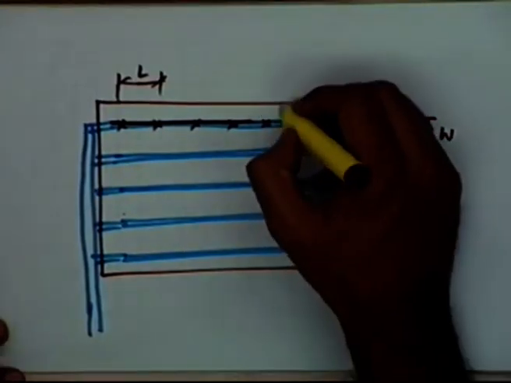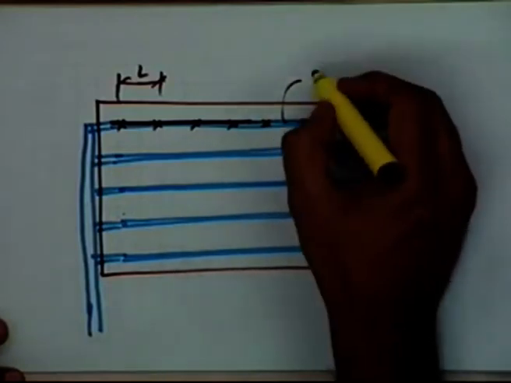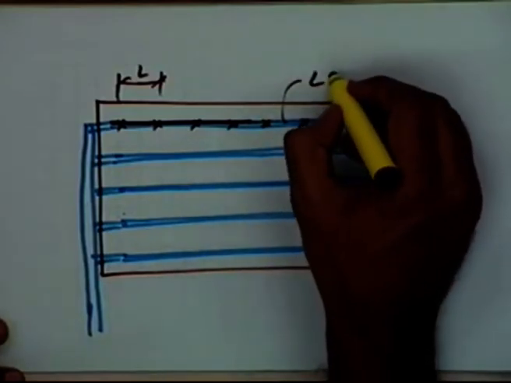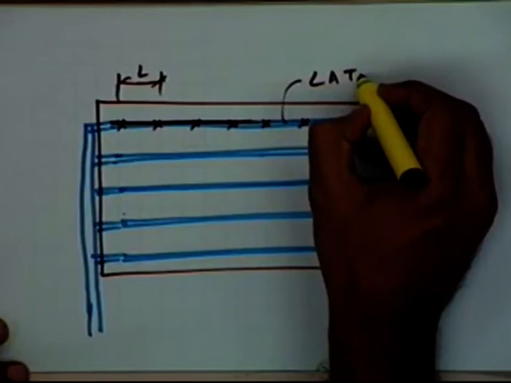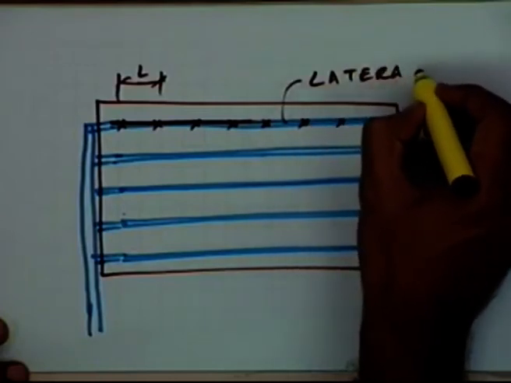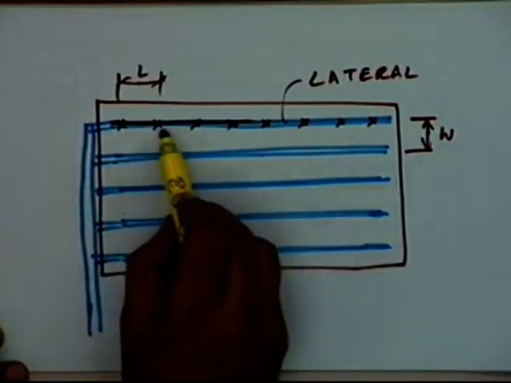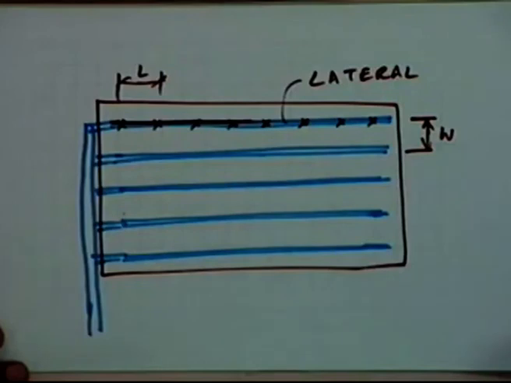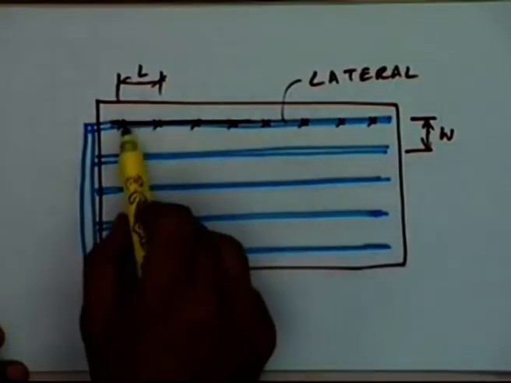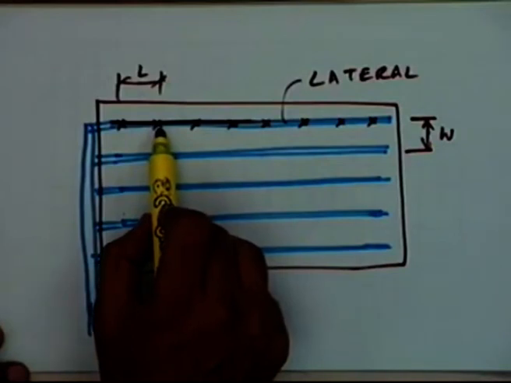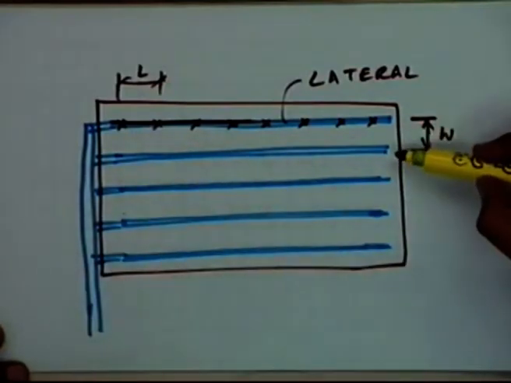Normally the nomenclature is that this is called the lateral, the lateral pipe on which you are installing these sprinkler heads. So what is the spacing between the sprinkler heads? What is the spacing between the laterals?